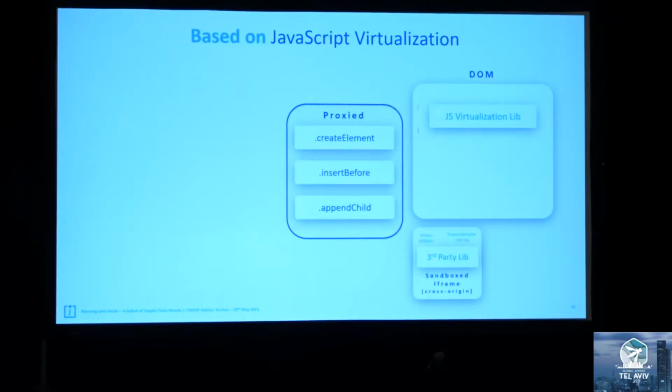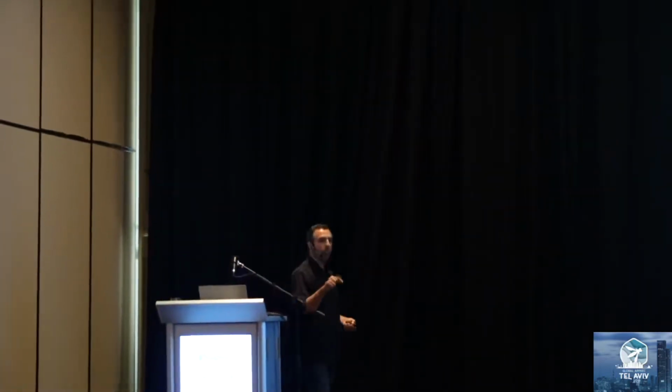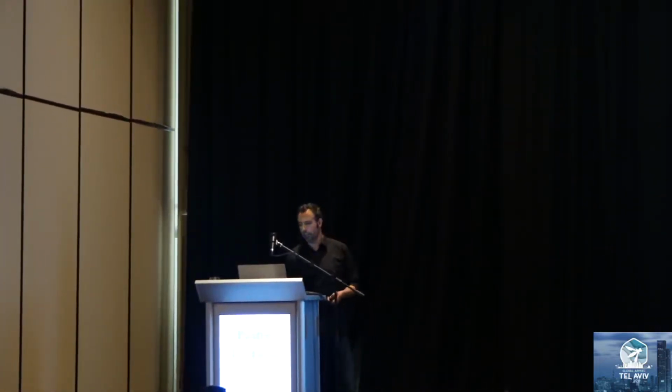But the thing is, they need to screen the behavior of this library because somehow they need to propagate what the library is doing to the main window. Otherwise, that code is not doing anything. So they either allow the behavior or disallow it. And if they allow the behavior, they will need to sync this behavior to the main window. And that's basically how it works.